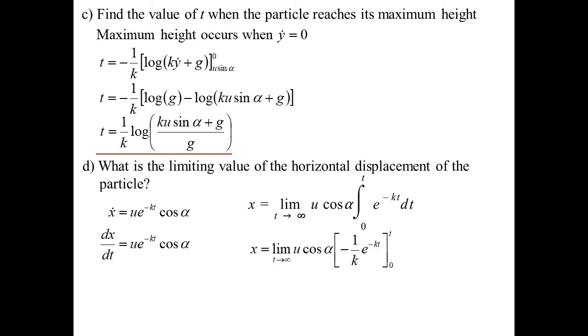Well, integrate the exponential, I get minus 1 on k e to the minus kt. As t approaches infinity, well, our e to the minus kt, that's going to approach 0, isn't it? Yes, but then we have plus 1 as well. So our limiting value for the displacement is u cos alpha on k.